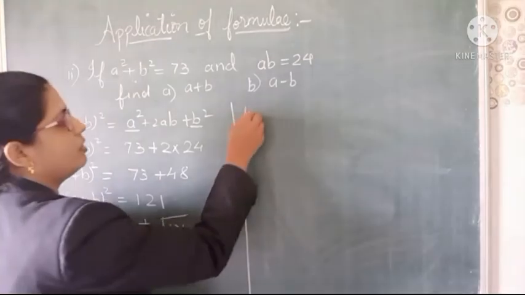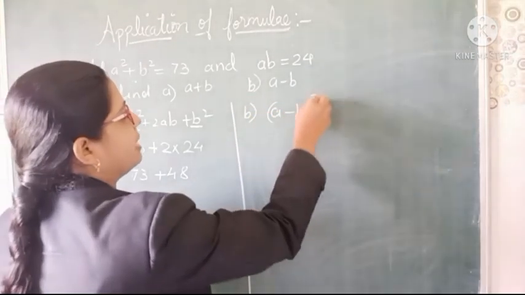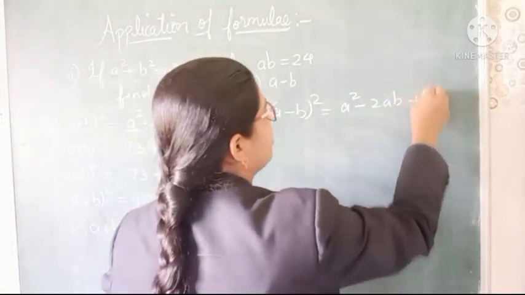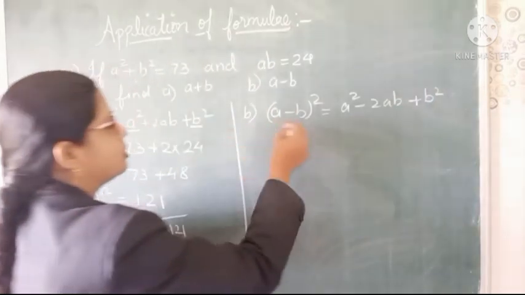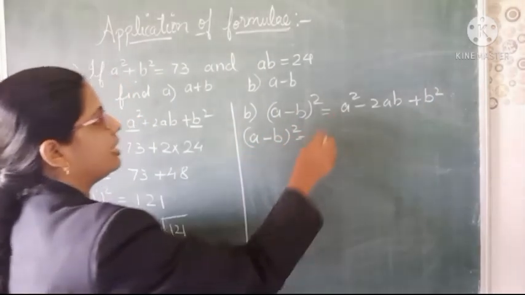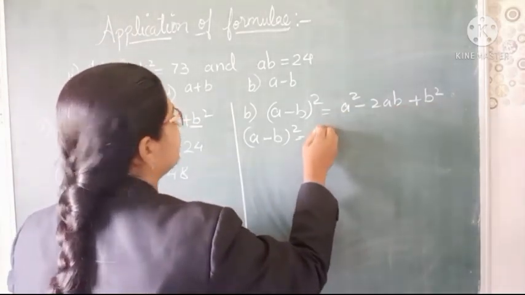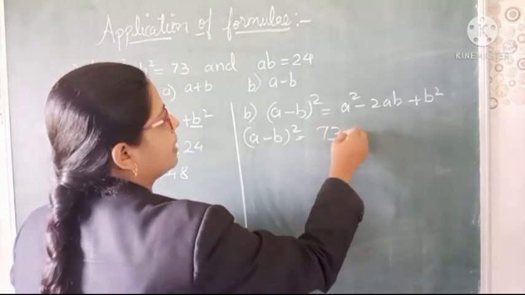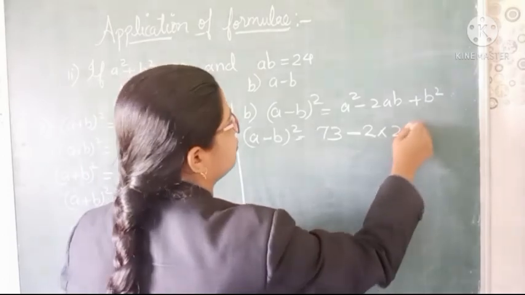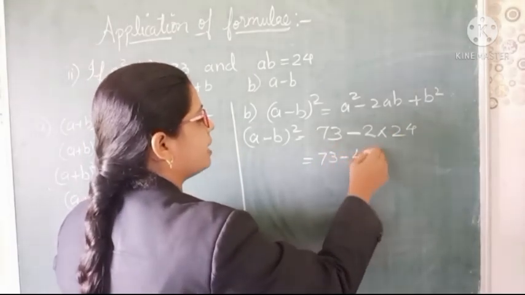Now we will find out a minus b. So (a minus b) whole square equals a square minus 2ab plus b square. Now put the values. We have the value a square plus b square, that is 73, minus 2 into ab, 24, equals 73 minus 48.